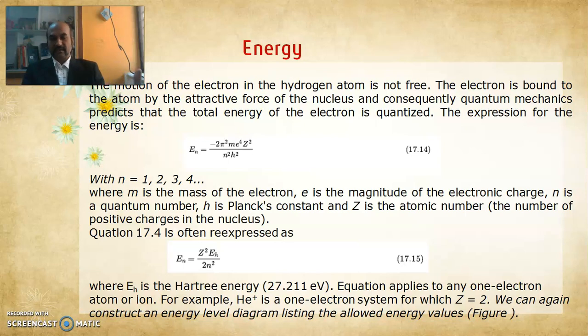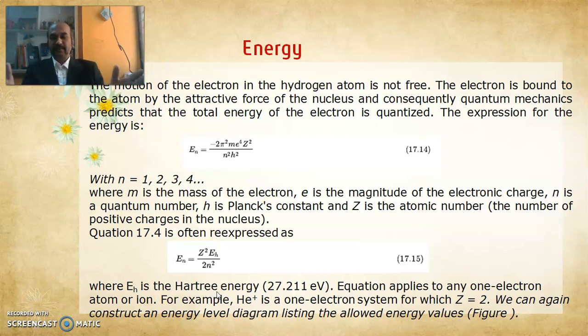Then equation 14 is often expressed as E_n equal to Z square into E_h divided by 2n square, and we will call this equation 15, where E_h is the Hartree energy.